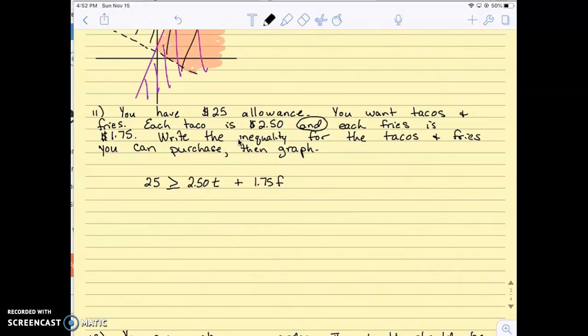So I could sit there and go, okay, well, how many times does 2.50 go into 25, 1.75 goes into 25? But that only tells me the max number of tacos and the maximum number of fries. It doesn't tell me all of the variables in between. So like 2 fries and how many tacos.